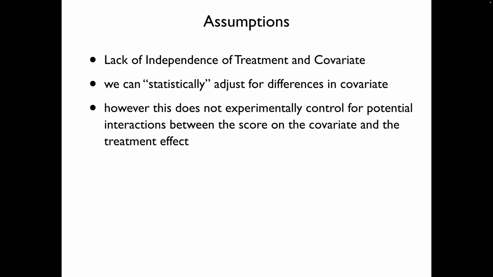And the reason that's a problem is because, although we can statistically adjust for differences in the covariate on the dependent measure, this doesn't experimentally control for potential interactions between the covariate and the treatment effect. It's a mathematical operation where we draw a straight line and we just march up or down that line and we say, well, it would have been this, right?